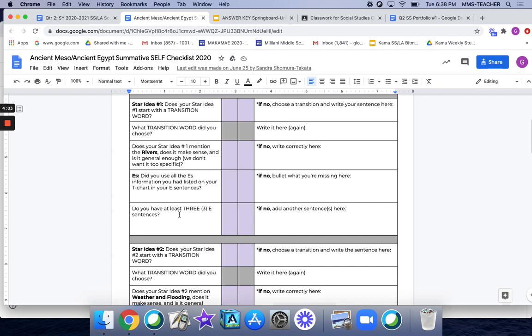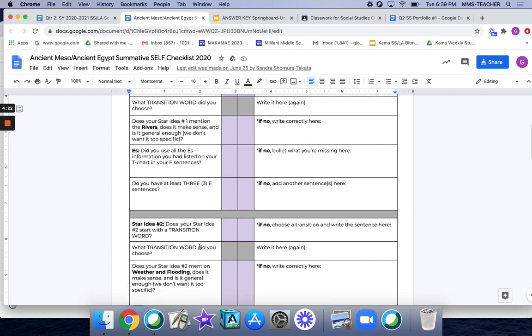Then do you have at least 3 E's sentences? Okay, and if not, add whatever sentences you're missing, because you should always have at least 3 E's for each star idea.